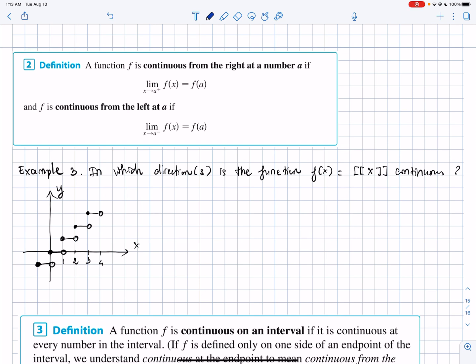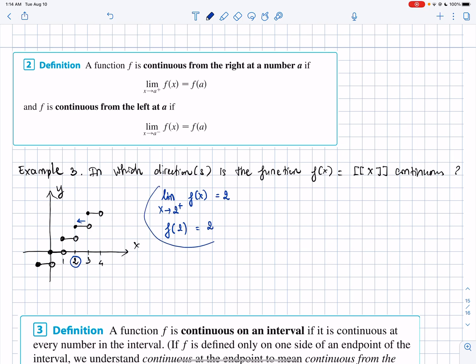So for example, just take a look at 2. The limit on the right side of 2 of f of x, as we go this way, is equal to 2. And f of 2 is also equal to 2.